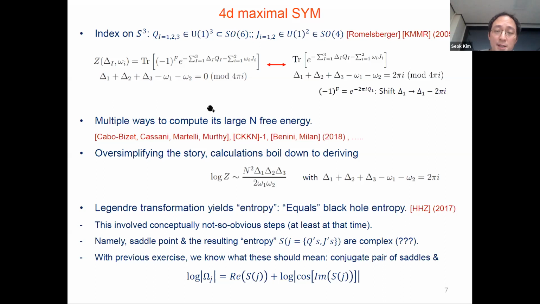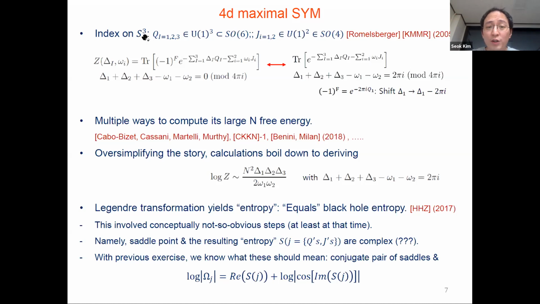Now I want to slightly rephrase this by changing the convention for the chemical potential by making certain imaginary shifts. I want to absorb this minus 1 to the fermion number into a complex shift of any of these 5 chemical potentials. And that's doable, especially for maximal Yang-Mills, because minus 1 to the F can be written as an exponential of a spin quantum number multiplied by suitable coefficients. And that's possible because all these R charges and spins are just spins in 10 dimensions.